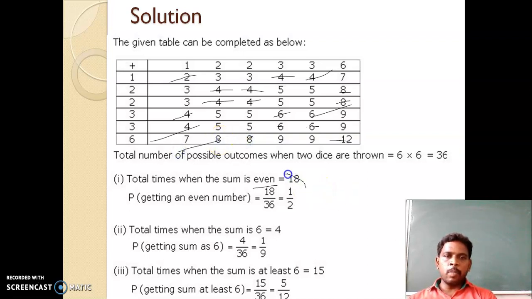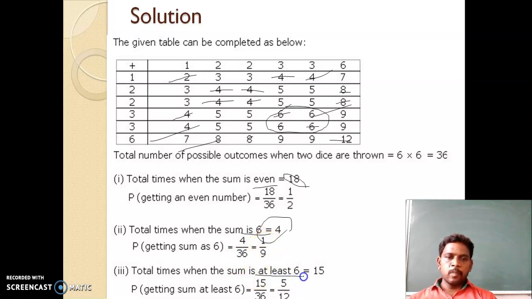So totally 18 numbers are there as even numbers. So 18 by 36, where 36 is the total. After simplification, we get 1 by 2. Next, we are going to get exactly 6. Exactly 6 means look at the table. These 4 numbers, that is, exactly 6 occurs only 4 times. Therefore the probability is 4 by 36. After simplification, we get 1 by 9.